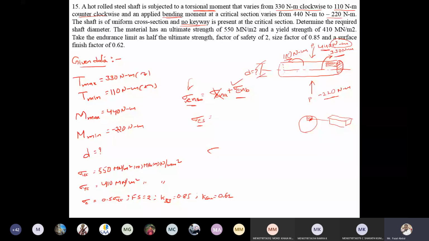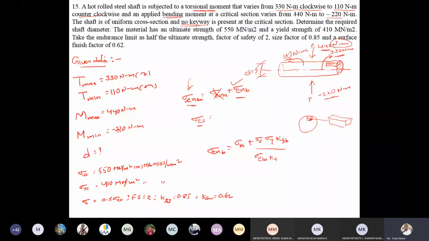Now, what is the equivalent normal stress due to bending? What is the equation? Mean stress plus variable stress into yield stress into fatigue stress concentration factor for bending by endurance limit due to bending, surface factor, size factor.